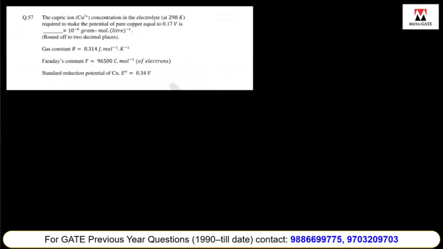The cupric ion concentration in the electrolyte at 298 Kelvin required to make the potential of pure copper at 0 point equal to 0.17 volt, is 10 power minus 6 gram mole per liter. Given the Faraday constant and the gas constant, the standard reduction potential of copper is E naught equal to 0.34. So, according to the Nernst equation, E is equal to E naught minus RT by nF ln Q, where Q is product concentration by reactant concentration.